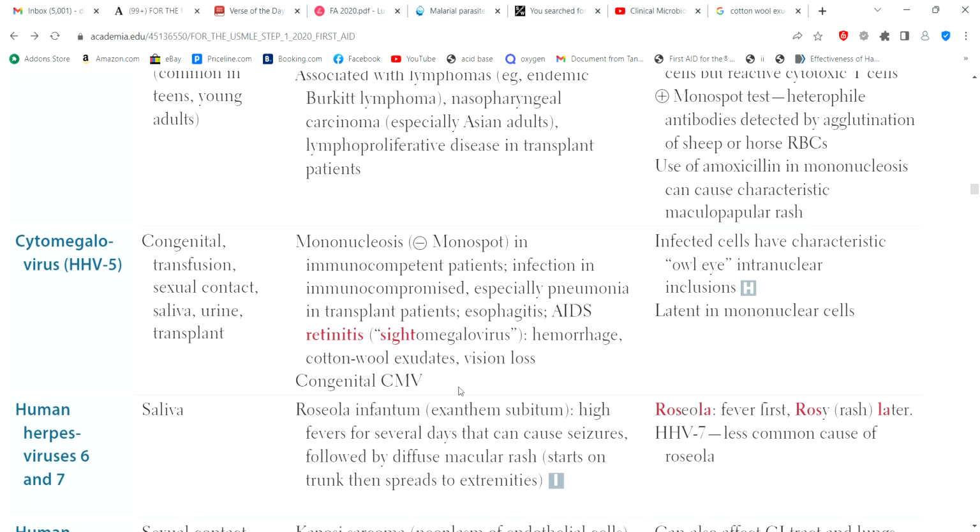It hides, sleeps in mononuclear cells. What are mononuclear cells? Mononuclear cells are a mixture of various different types of cells and contain mostly different stem cells.